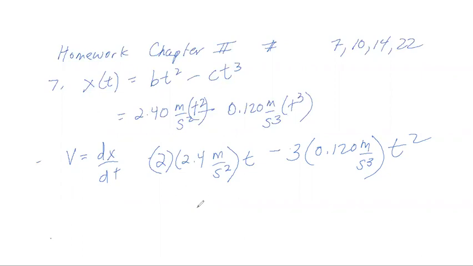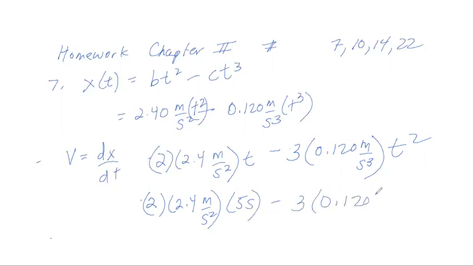And at t equals 5, we're going to have 2 times 2.4 meters per second squared times 5 seconds minus 3 times 0.120 meters per second cubed times 5 seconds quantity squared.